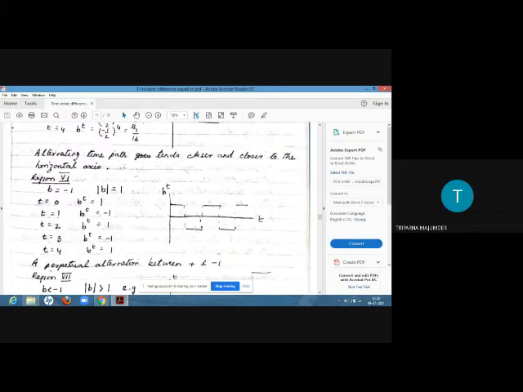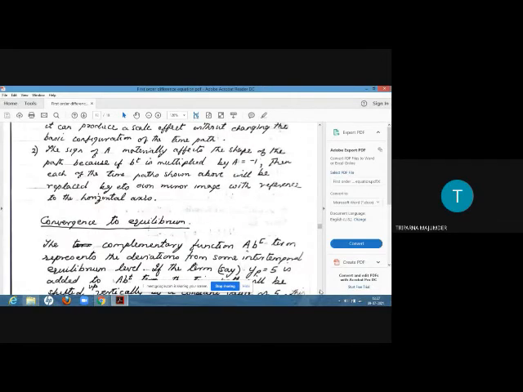When t is equal to 2, it is again 1. When t is 3, it is again -1. So a perpetual alternation between +1 and -1 is taking place.